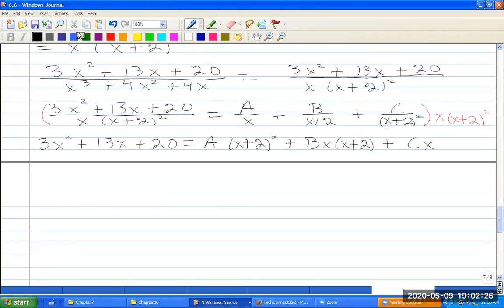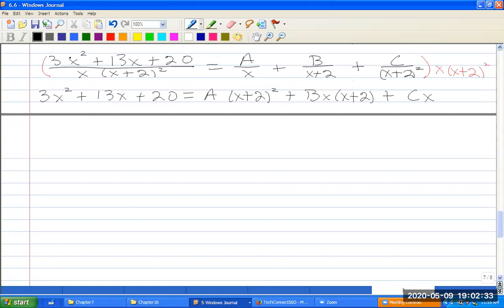I can either expand this out and equate coefficients, or do the following.